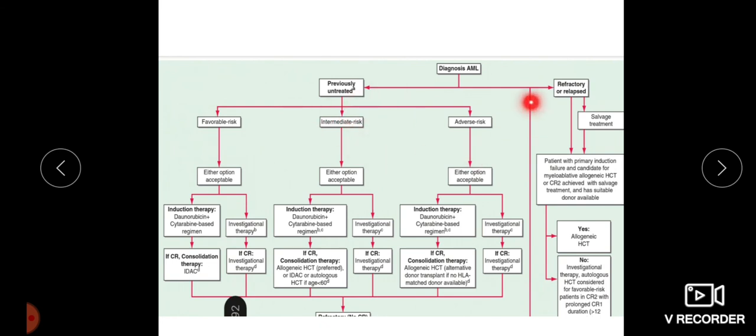In intermediate risk and adverse risk patients, we can start with a daunorubicin plus cytarabine based regimen, and if complete remission occurs, we can do allogeneic hematopoietic cell transplantation.